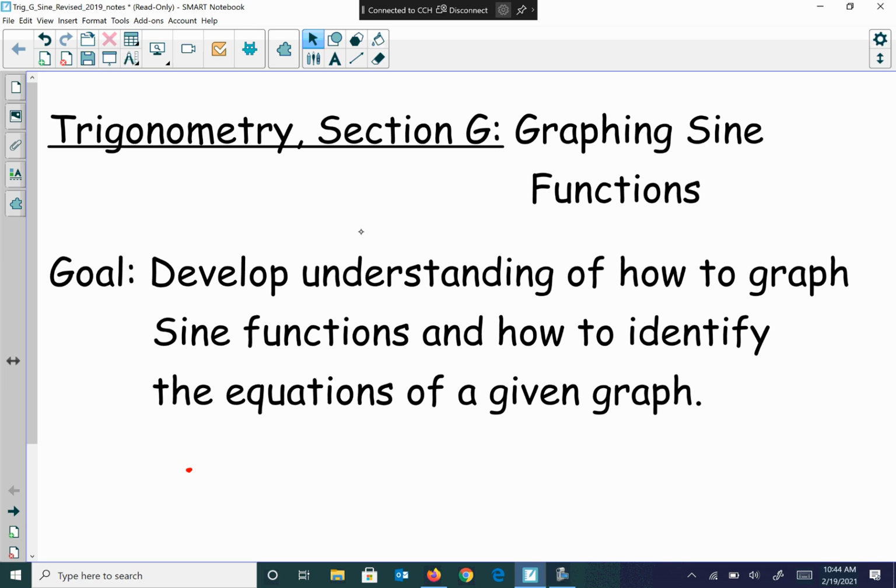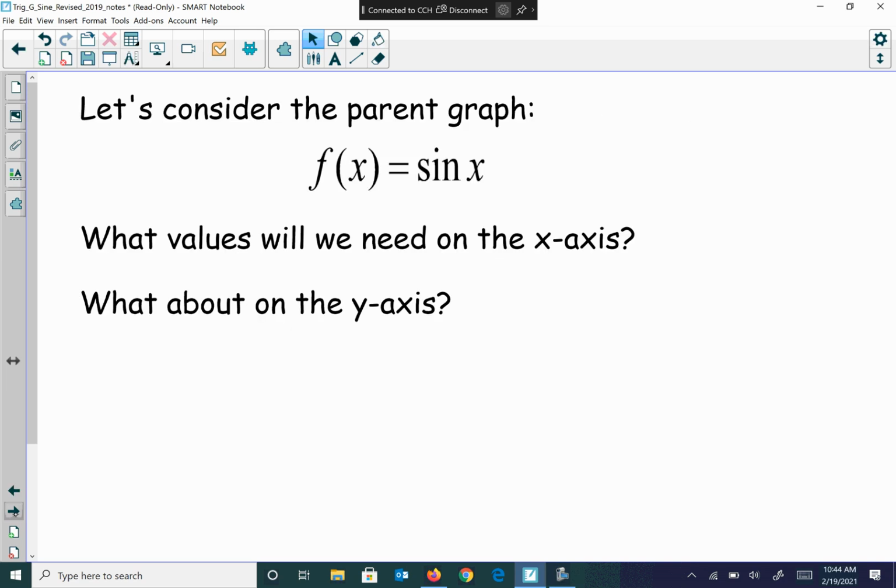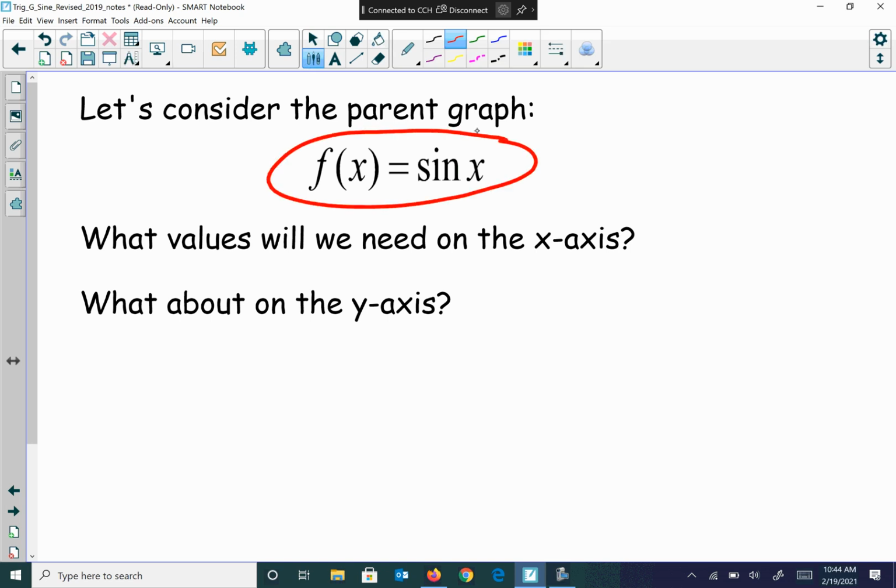Being our radius on our unit circle is 1, I can get to a point of 1, 0 and a point of negative 1, 0. So the y direction we will go on this is between positive 1 and negative 1, unless it starts shifting, but we'll see what happens with that. All right, so this is our most basic parent function.